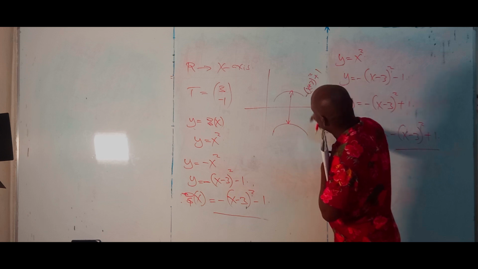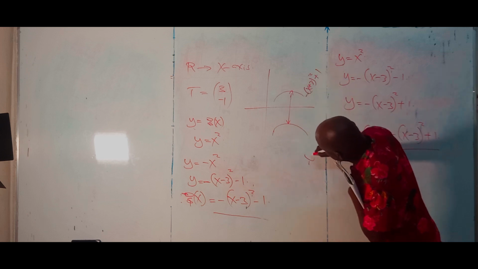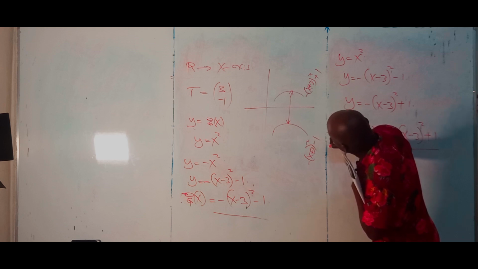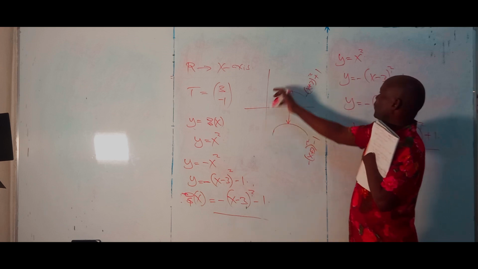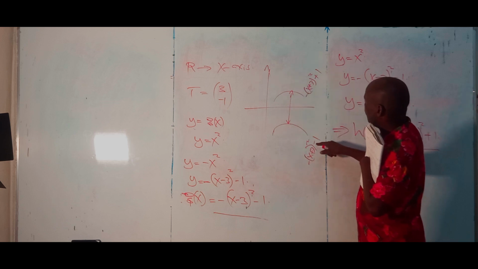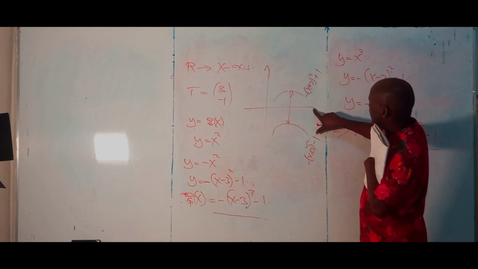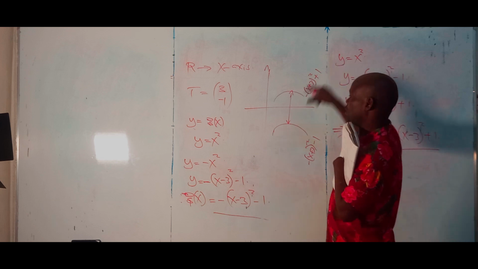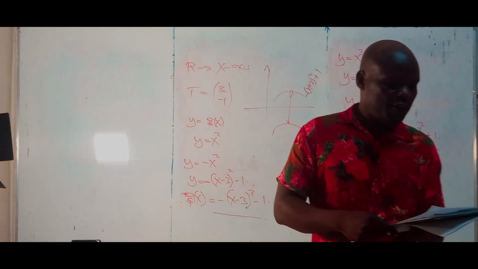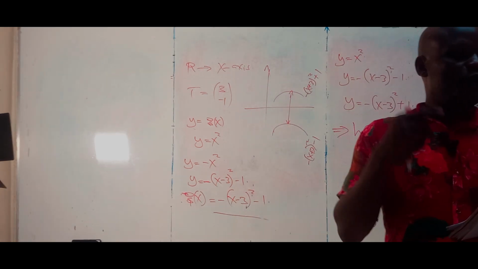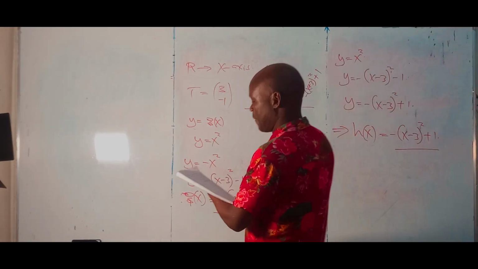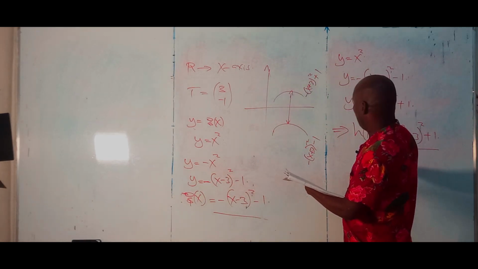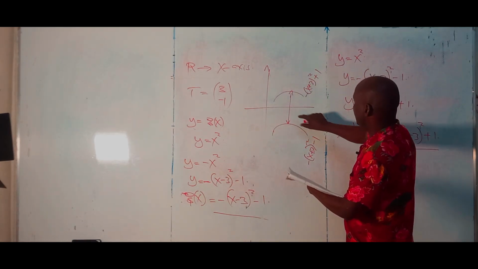That difference: if this is minus (x minus 3) squared minus 1, then to move along the y-axis I come from -1 to 0 first, that is 1 unit, and then from 0 to +1, so those are 2 units. So y equals g(x) can be mapped to h(x) by a vertical translation.